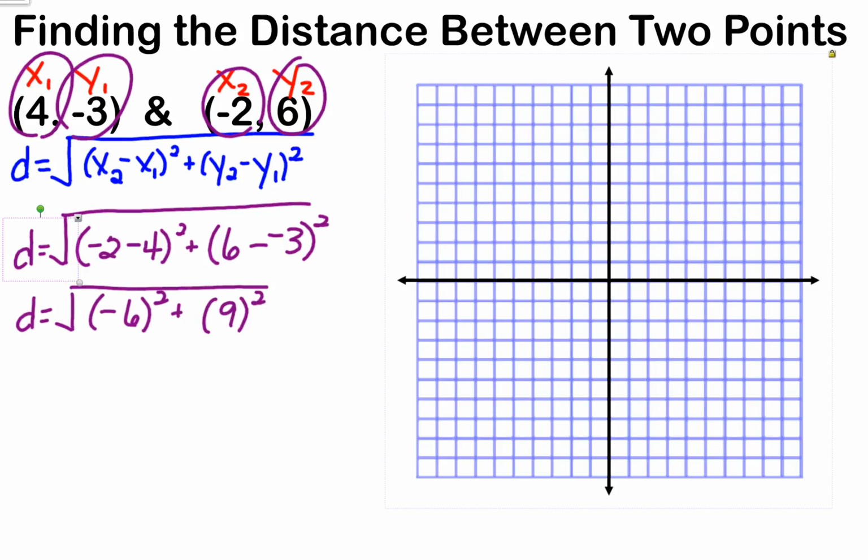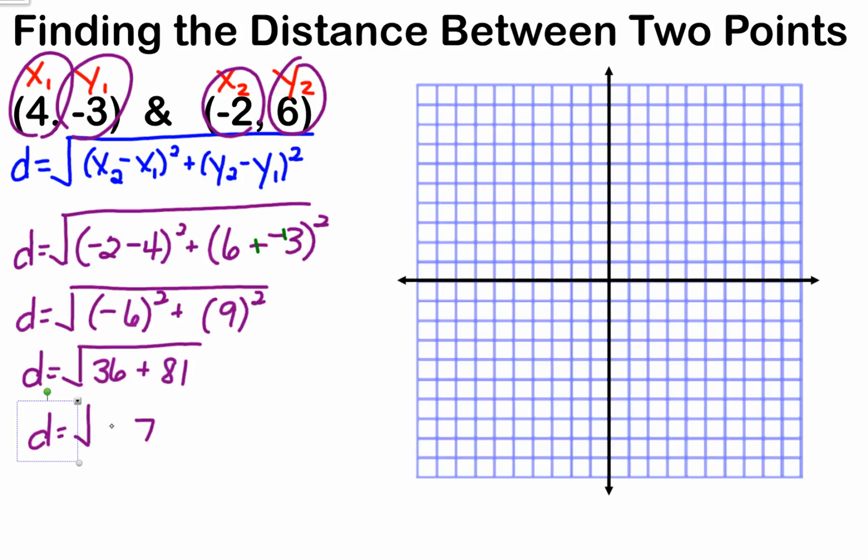Remember that when I subtract a negative, it is like adding. Then distance is equal to the square root of -6 squared, which is +36. Negative times a negative is a positive. And 9 squared is 81. And then distance is equal to the square root of 117. The square root of 117 is 10.82.